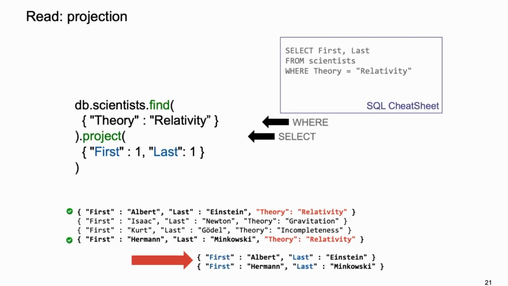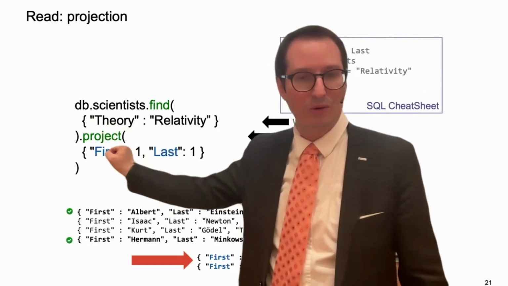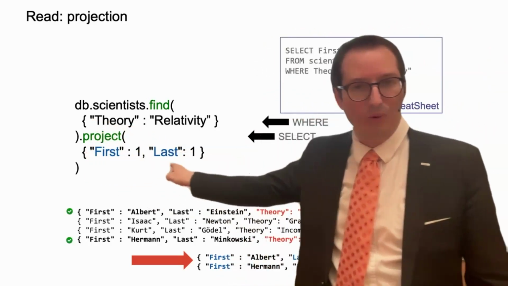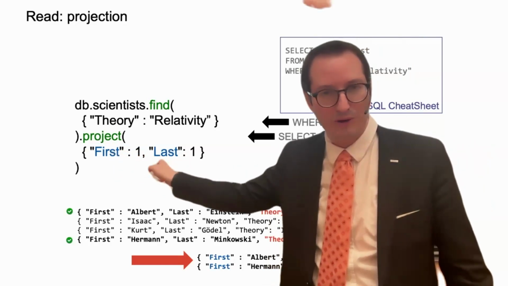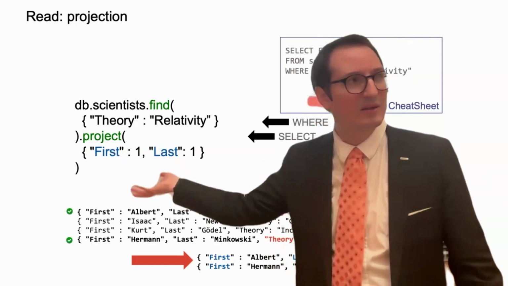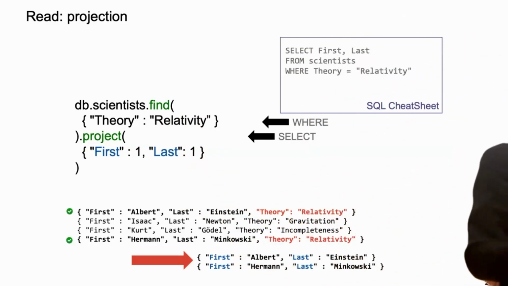Now, this is a projection. A projection is newly using a project function. It used to be a second parameter of find, but now they have modified it a bit, I suspect under the influence of Spark APIs and a lot of the modern APIs. So now it's separated as an additional function, so .project. And what you do here is specify the keys that you want to project to, so first and last, with a 1. 1 means you include it in the projection, 0 means you exclude it from the projection, right?